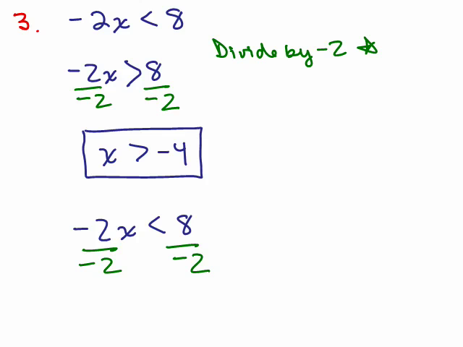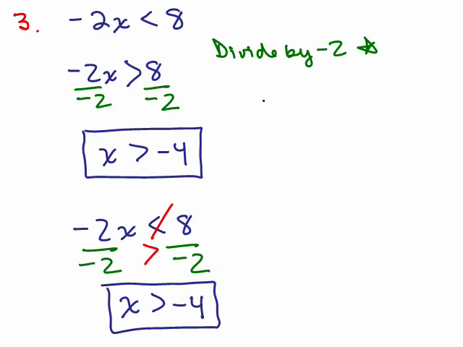So if you want to do that, you need to cross it off at that moment in time and write greater than to get x is greater than negative 4. Remember, when you multiply or divide by a negative, you have to switch the inequality direction.